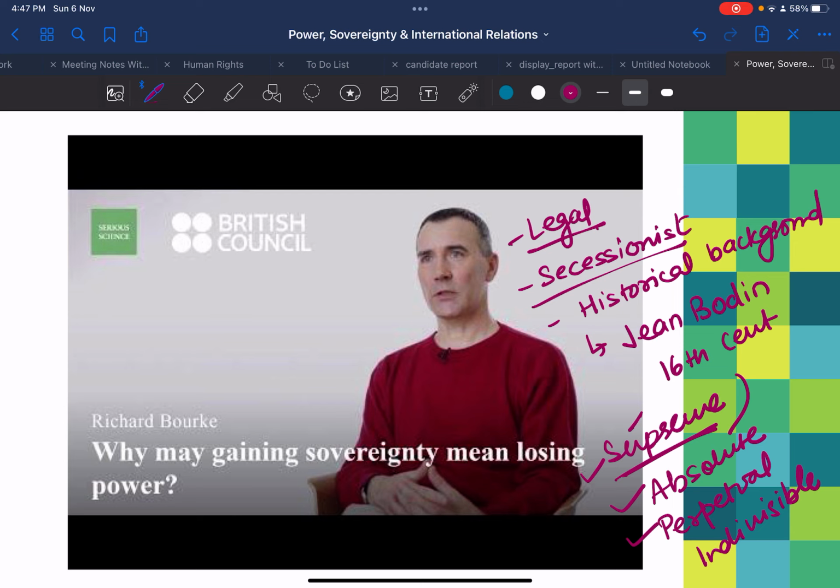So that's the absolute form of government. And perpetual means that it will just go on, endless, right? Whether a government is coming or a new government is coming or stepping down, the sovereign will perpetuate. It will go on endlessly. Indivisible, you can't divide sovereignty amongst the states.